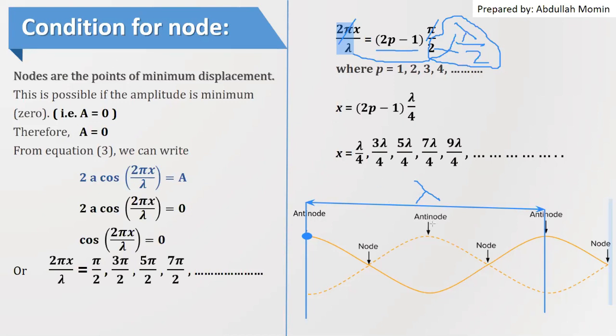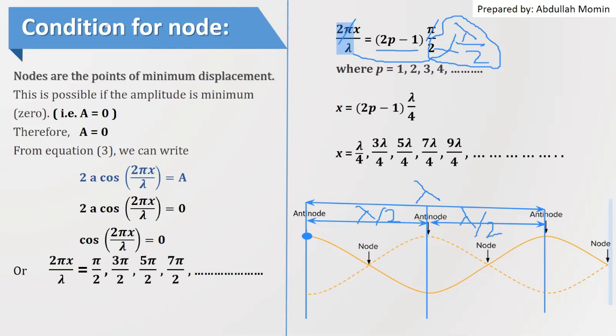Now we are going to divide this distance into two equal parts. We are dividing it from the middle, and each portion is lambda by 2.